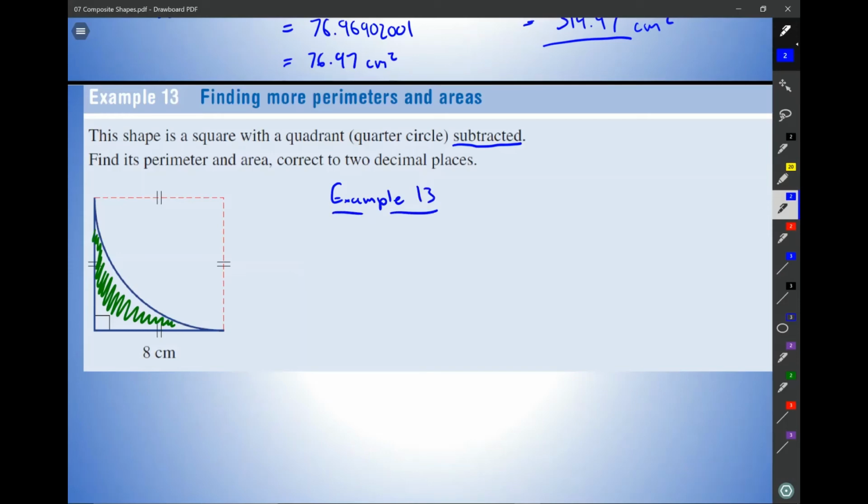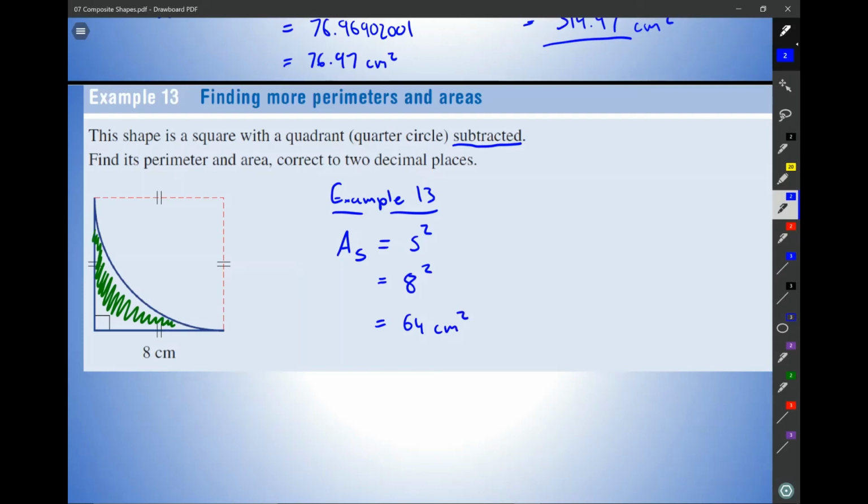So the first thing we need is the area of the square, which is just one of the sides squared, and the sides are 8 centimeters. So our area here is 64 centimeters squared.